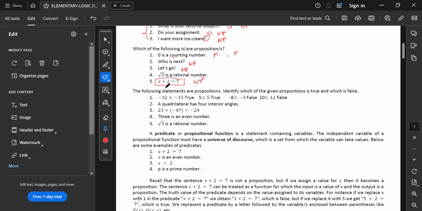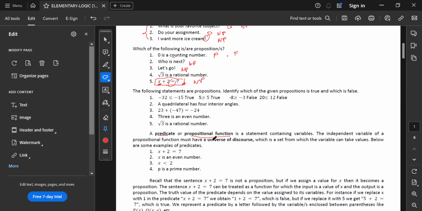Obviously it is a mathematical sentence, but it is not a proposition because it contains a variable, which has no specific value given from its set. For cases where there is a variable, we call this a predicate or propositional function. It is not a proposition if we have no value for your x, but if there is one, then it becomes a proposition.